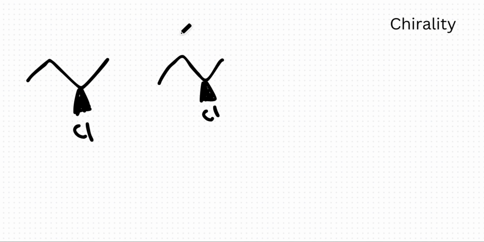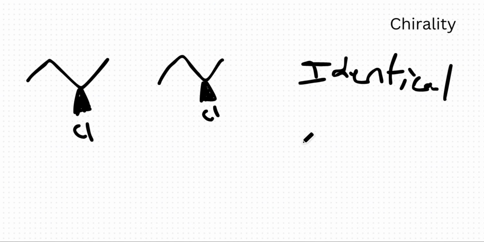I've taken away the iodide. What are they now? Pause the video, think about it. These are identical compounds, and they are superimposable, so they are achiral.